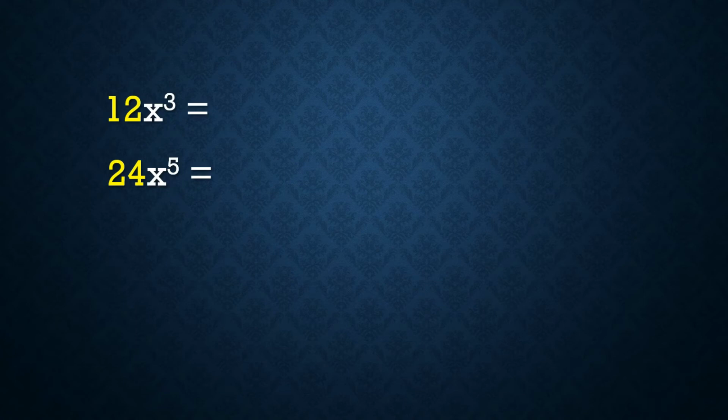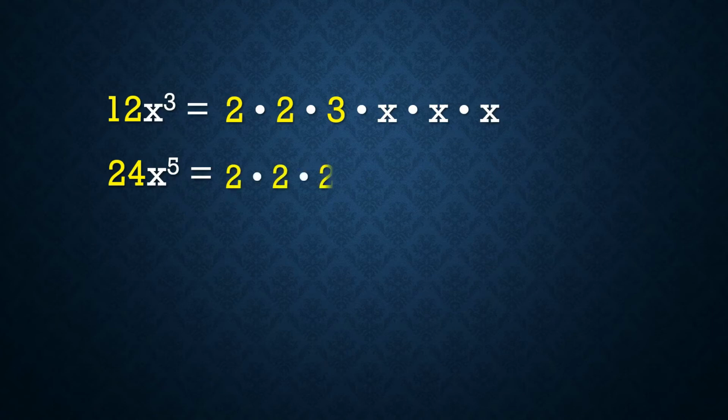Same process actually. So, the prime factorization of 12 is 2 times 2 times 3, and also we have x cubed, 3x's. Let's proceed to 24x raised to 5. Meron siyang prime factorization of 2 times 2 times 2 times 3. And then, since x raised to 5, limang x. Same process.